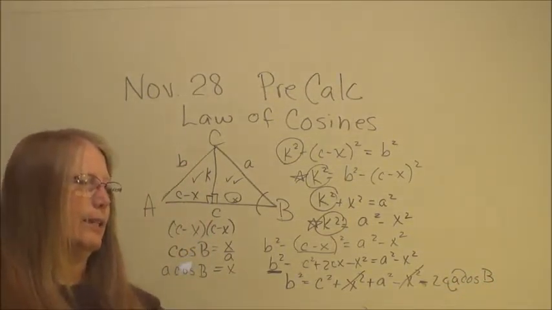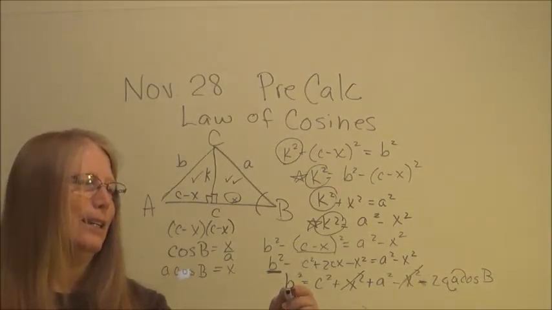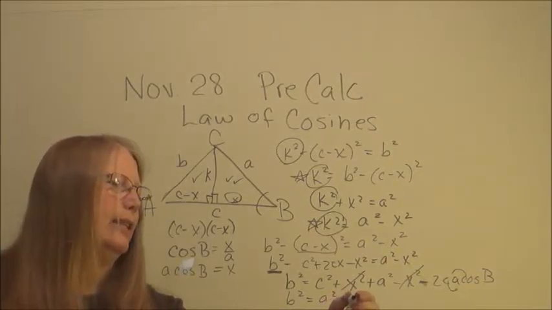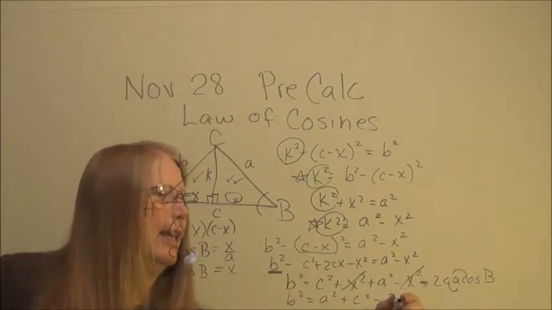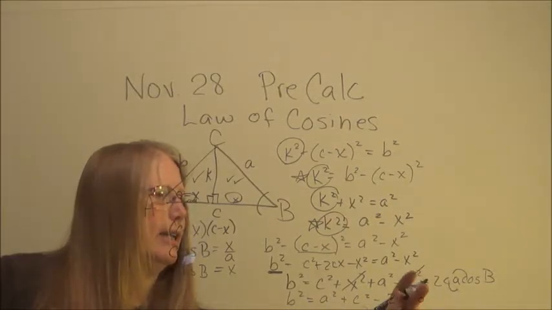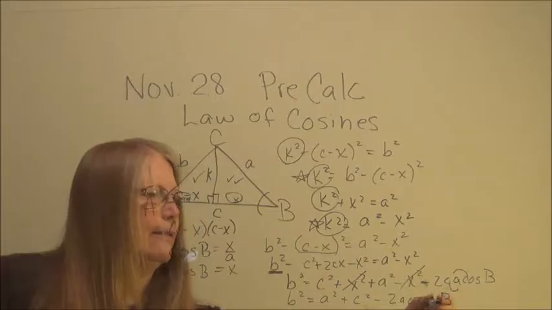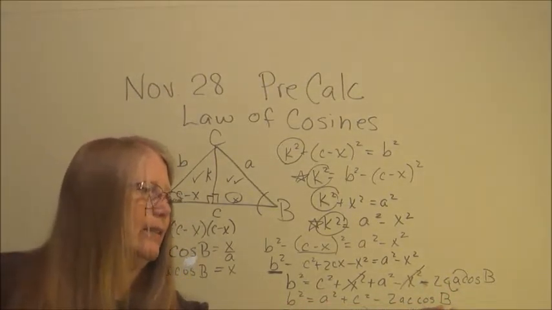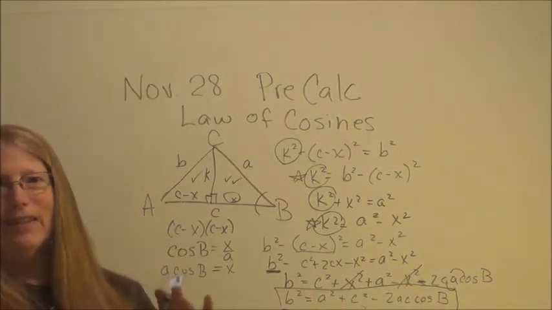Very good. Let's clean it all up and see if there's just enough room to put this on. B squared equals a squared plus c squared minus 2ac cosine b. I'm not sure that showed up. Let me circle it and see if it's there.